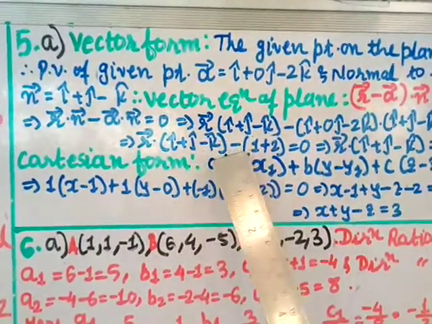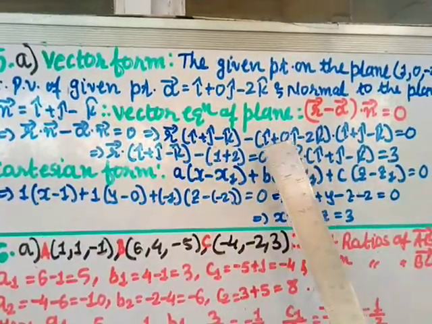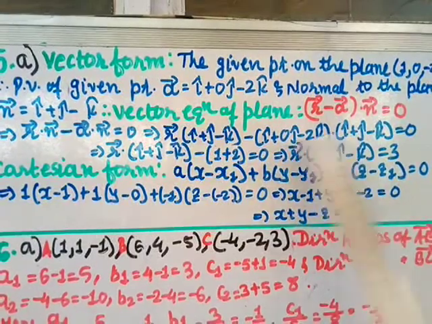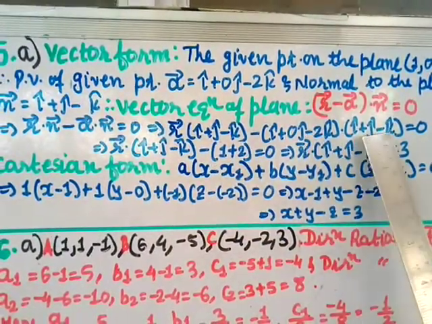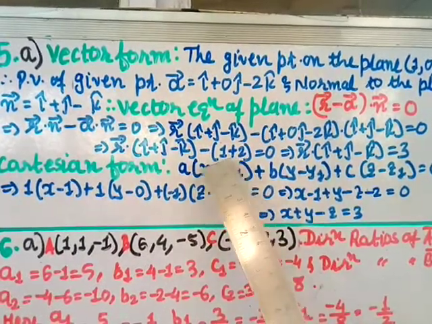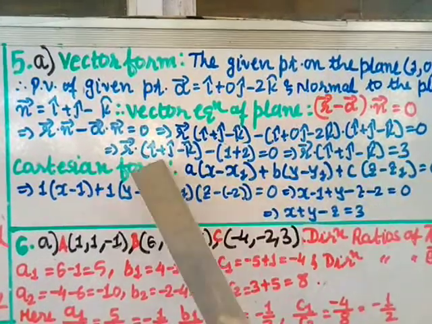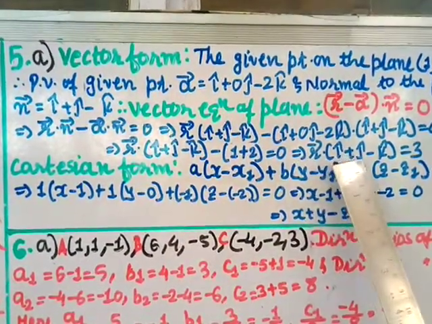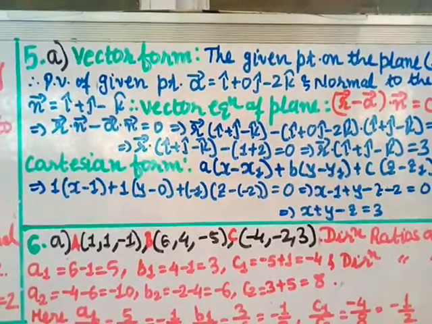Here, if you do the dot product, 1 into 1 is 1, 0 into 1 is 0, so we don't write it here. Minus 2 into minus 1 is plus 2, so 1 plus 2 is 3, and this is minus 3. If I transfer this over here, it becomes plus 3, right? And this side remains vector r dot i plus j minus k equal to 3. So this is the vector form of the equation of the plane.